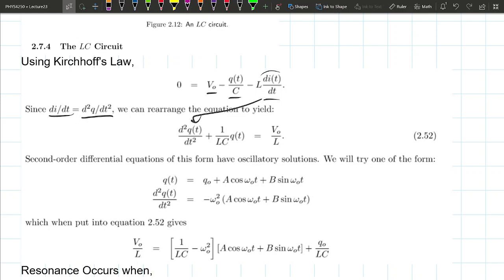This is actually solved when we did the harmonic oscillator in General Physics 1. And the harmonic oscillator behaves like sine and cosine functions. That's the solution to them, okay?